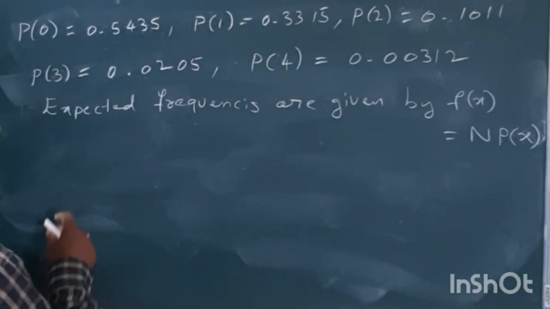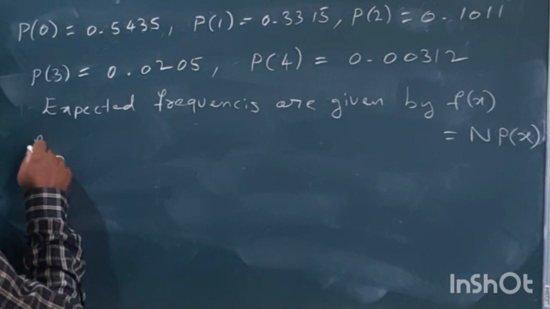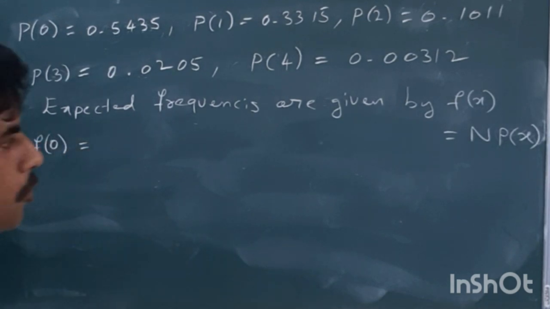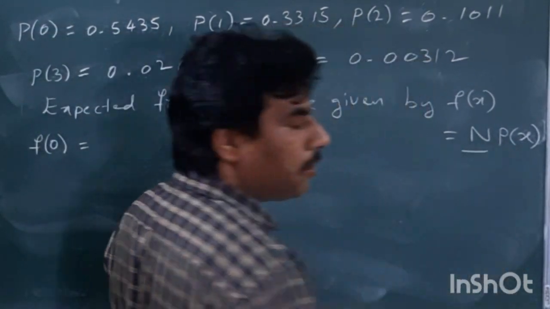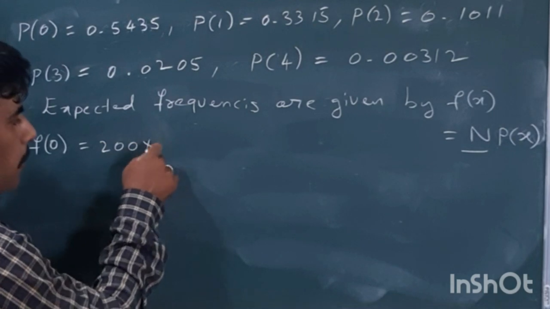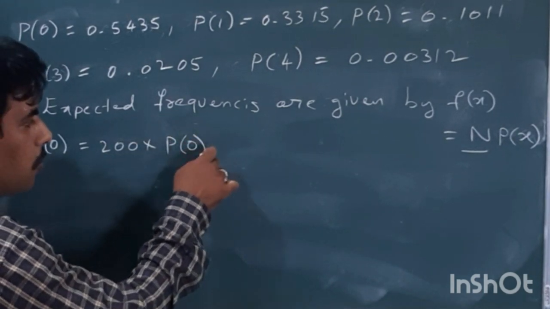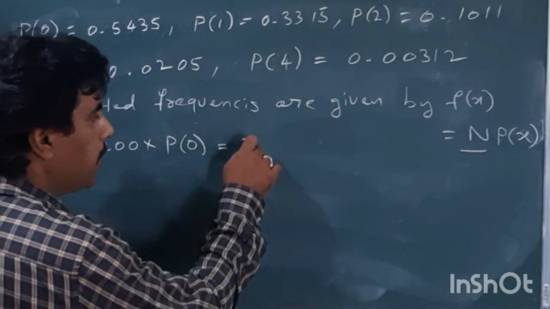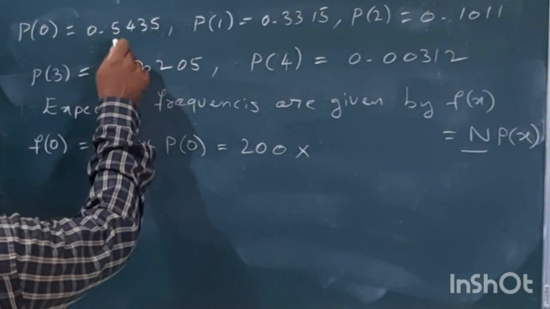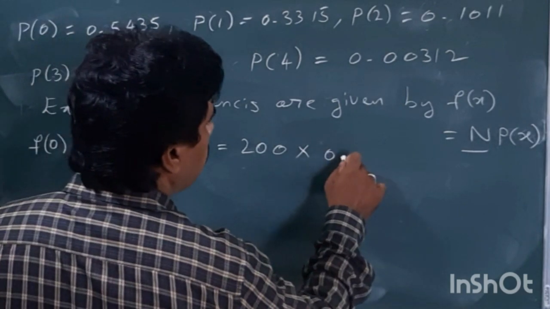Now let us find out f of 0. F of 0 is equal to n into p of 0, here capital N value is 200, therefore 200 into p of 0. P of 0 value is 0.5435.